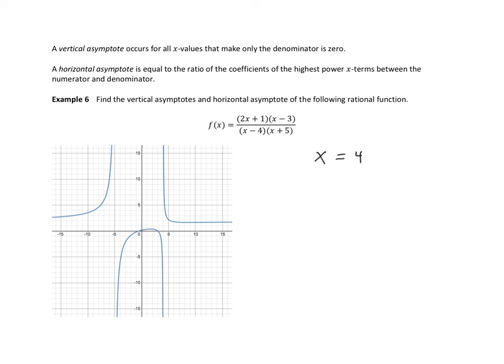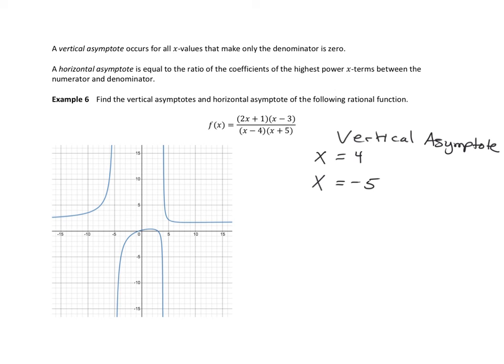It makes the denominator 0, and it only makes the denominator 0, therefore it's a vertical asymptote. Likewise, x is equal to negative 5 is a vertical asymptote as well. So these are the vertical asymptotes. They are the numbers that make only the denominator 0.